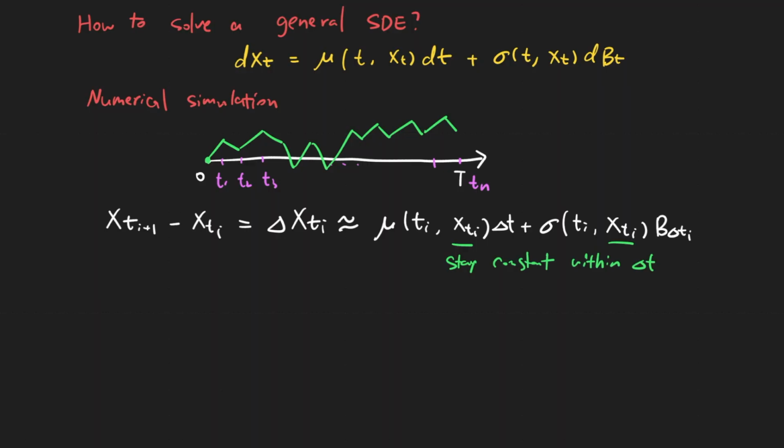So this is approximate. And if we look at this formula here, that is basically a Gaussian distribution with mean and variance.